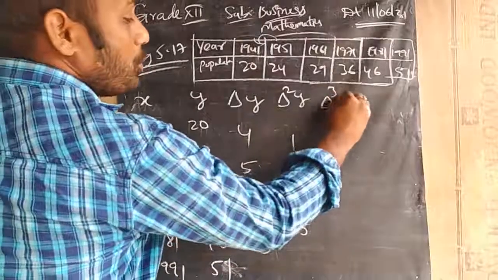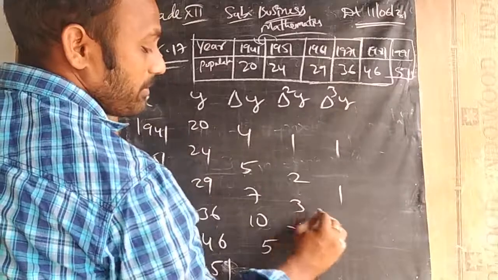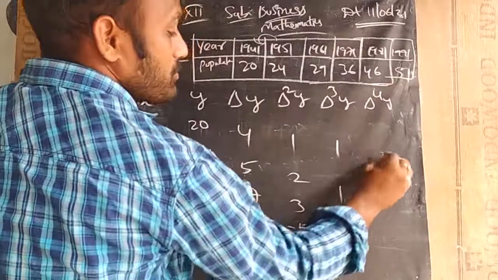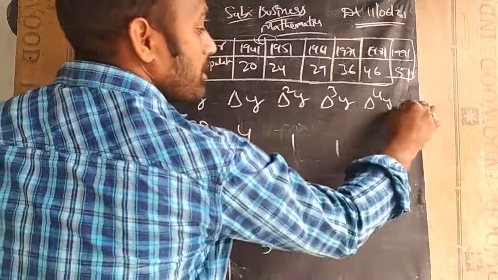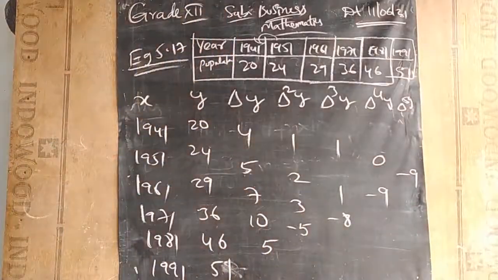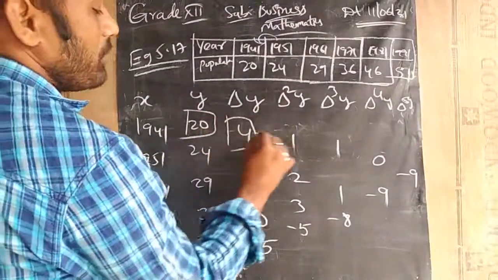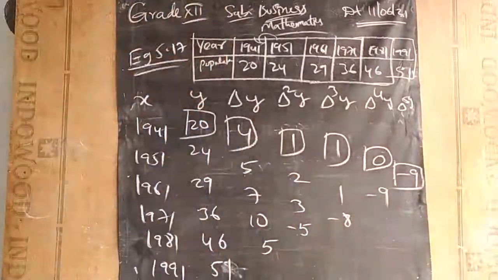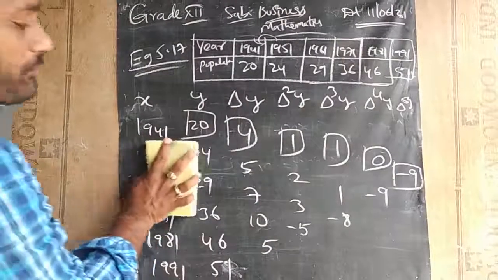So delta cube y: 2 minus 1 is 1, 3 minus 2 is 1, minus 5 minus 3 will be minus 8. Delta power 4 y: 1 minus 1 is 0, minus 1 minus 9. So delta power 5 y will be minus 9. So these are the values in the forward difference table: 4, 1, 1, 0, minus 9. Let us put these values in the formula.